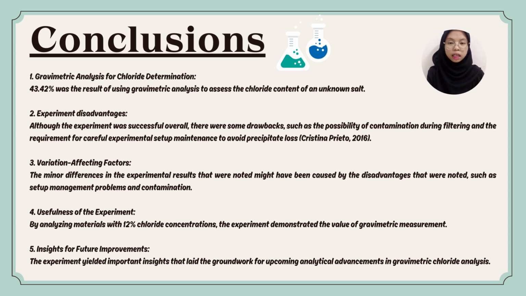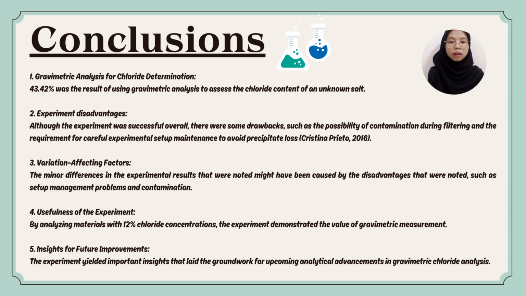For the conclusion, in the experiment using gravimetric analysis to determine the chloride content of an anion salt, the percentage of chloride in the sample was determined to be 43.42%. Notwithstanding the experiment's general success, many drawbacks were identified, such as the possibility of contamination during the filtration process and the requirement for meticulous management of the experimental setup to avoid precipitate loss.